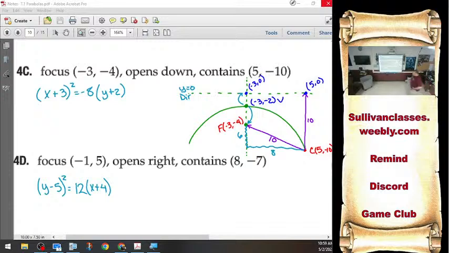Maybe we'll write it over here on the board. Okay, wrote the distance formula over here with all of the parentheses intact.